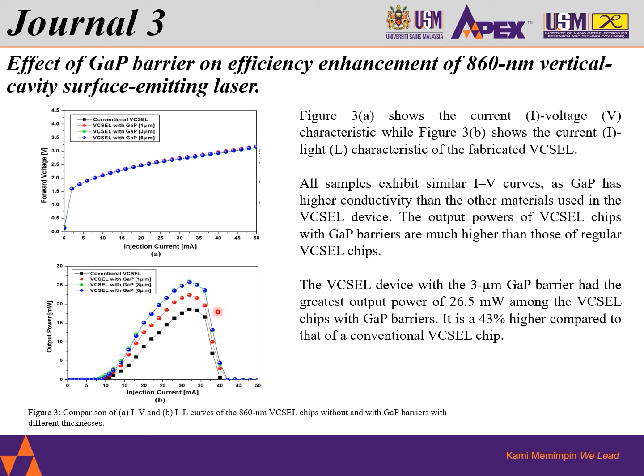Black color is the conventional VCSEL. The VCSEL device with 3 micron gallium phosphide barrier had the greatest output of 26.5 milliwatt among the VCSEL chips with the gallium phosphide barrier. It is 43% higher compared to the conventional VCSEL chips.